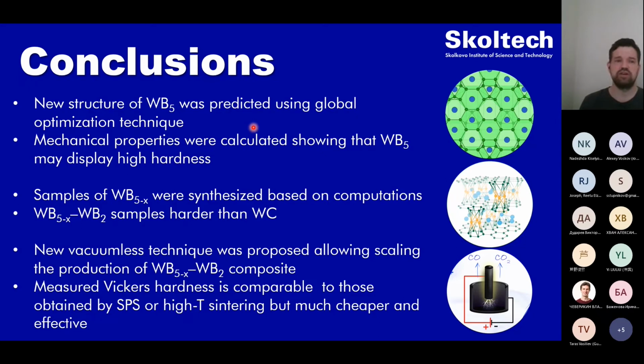After that, we optimized the synthesis process of this unique material and proposed a new vacuumless technique, which allowed us to produce large-scale samples with the same quality and the same hardness, which can potentially be used further in different applications.